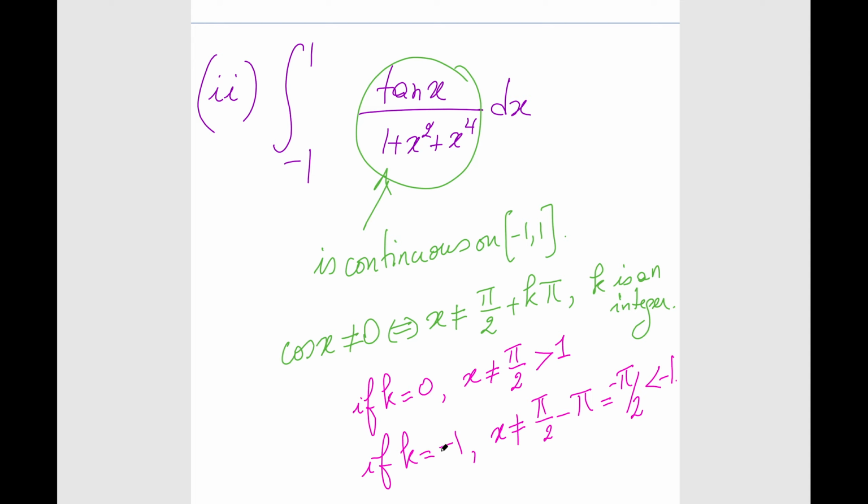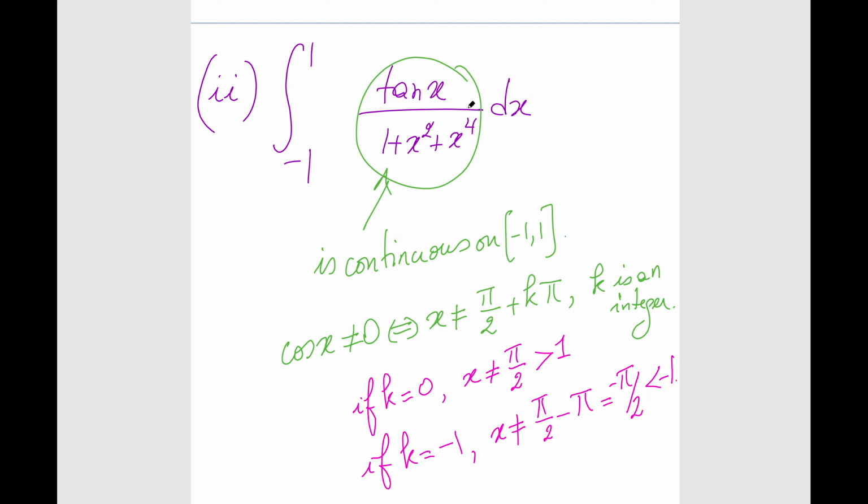When k is a negative integer, all the bad points are less than minus pi over 2, which is in turn less than minus 1. And when k is a positive integer, all the bad points are away from pi over 2, which is in turn away from 1. So all in all, all the bad points where the function is discontinuous are outside the set minus 1, 1, the set of integration here.